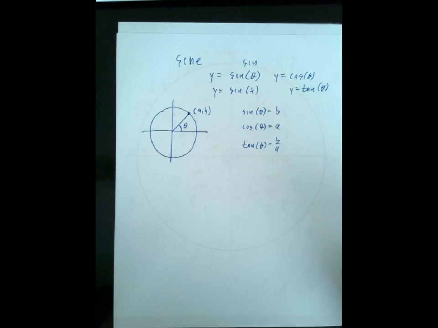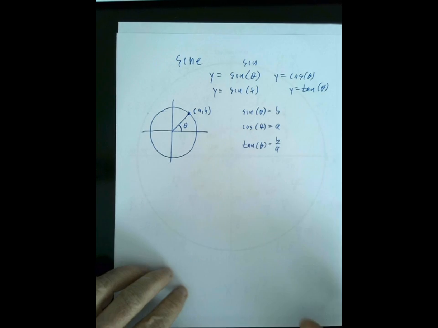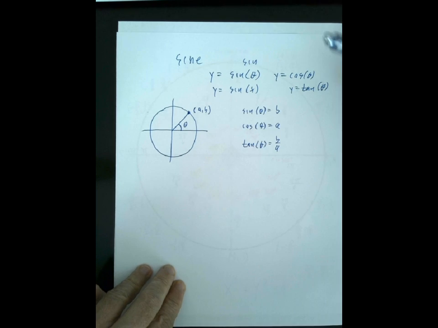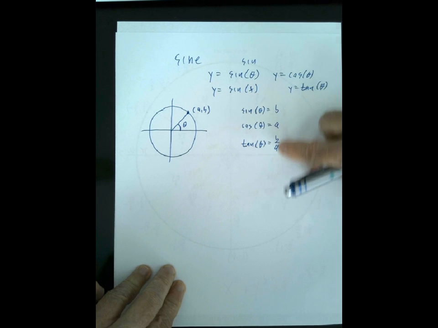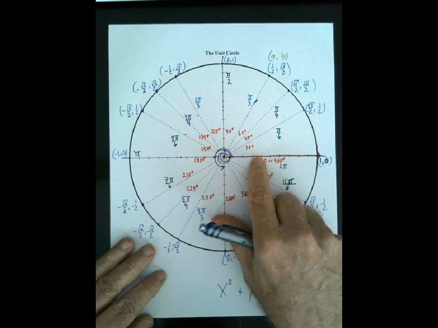That's how they're defined. It's not like an algebraic y equals x squared plus 2 kind of pairing up. There's not an algebraic equation that tells you which x goes with which y. In the world of trig, the pairing of which x goes with which y is given by this rule right here and the corresponding values of the unit circle.